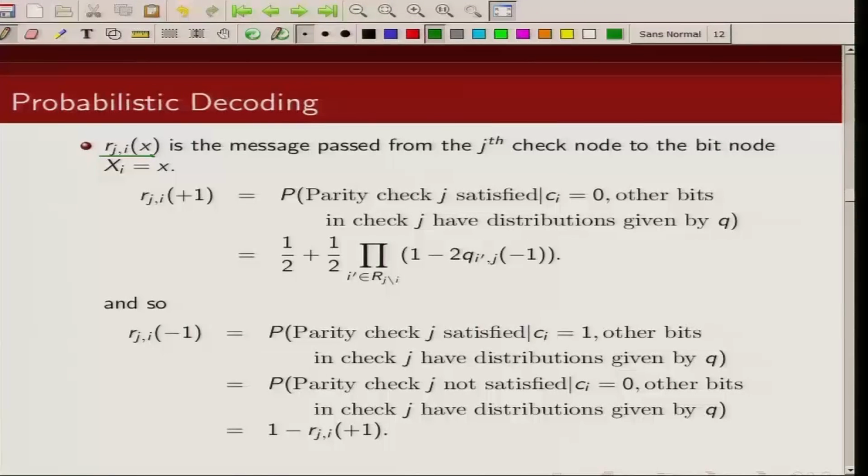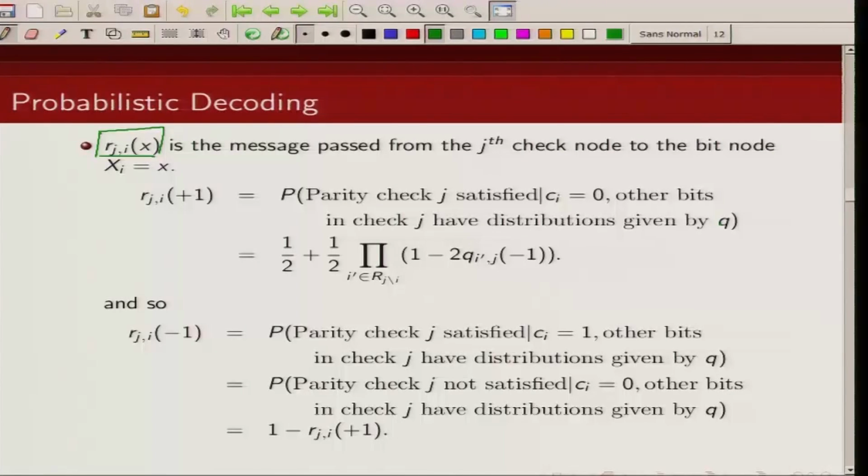What is RJI? RJI is the probability that the jth check node is satisfied given x is plus 1. So, this is the probability that the jth check node is satisfied given Ci is 0, and other bits are given by the distribution given by this Q.